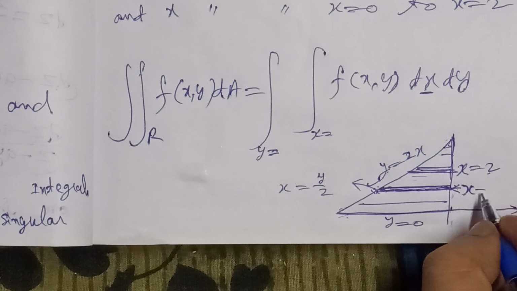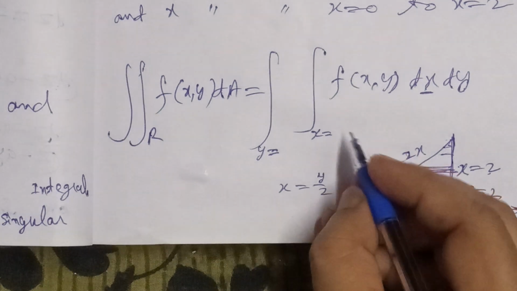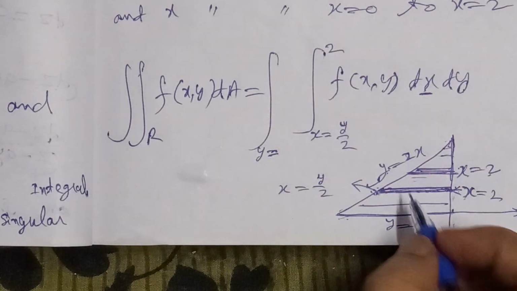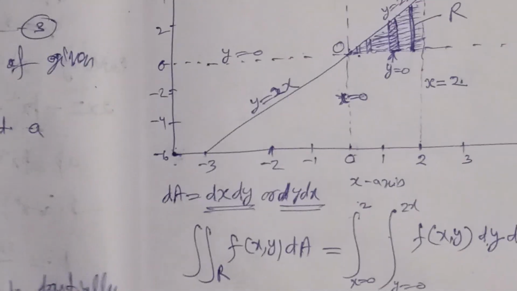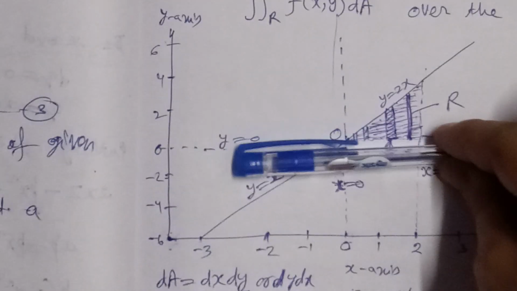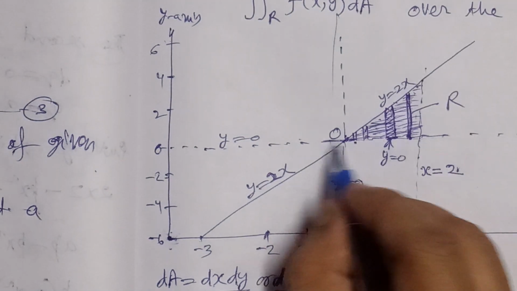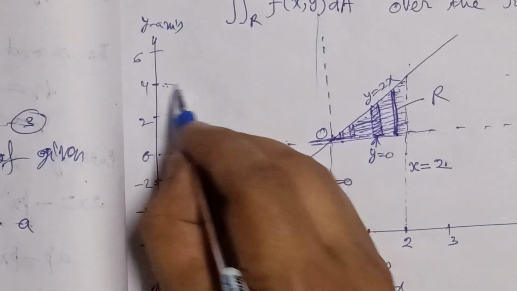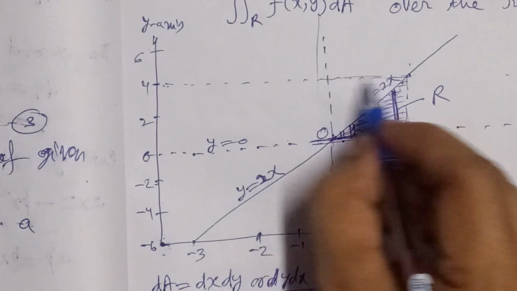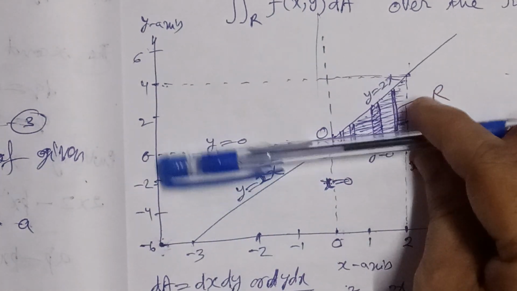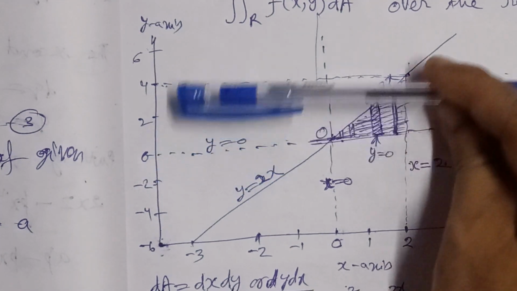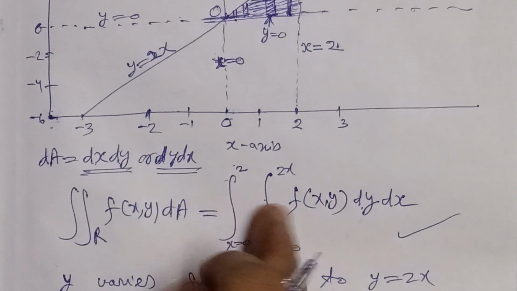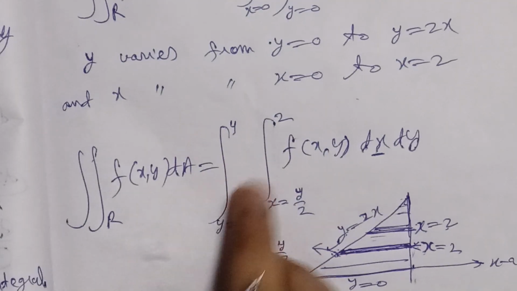So the lower limit is y upon 2, the upper limit is x equal to 2, and all the strips lie between y equal to 0 and y equal to 4.